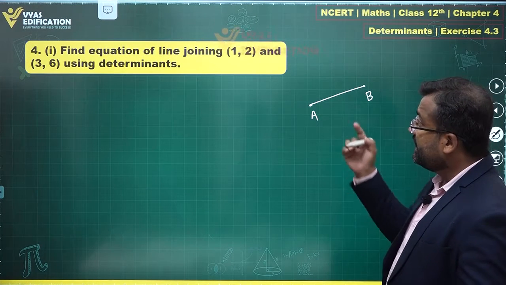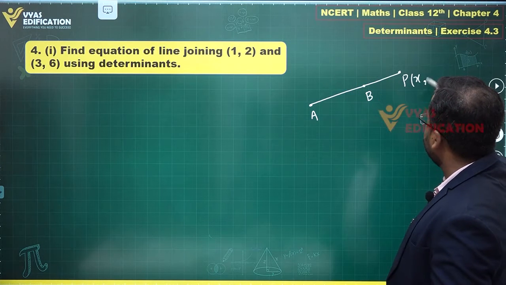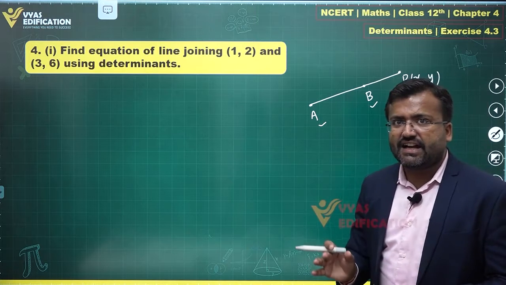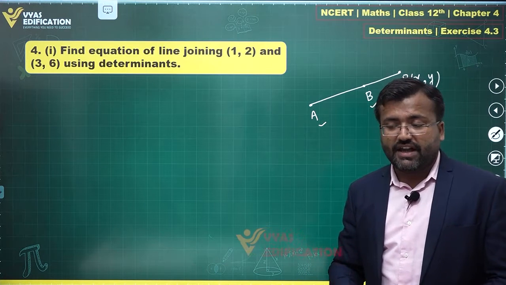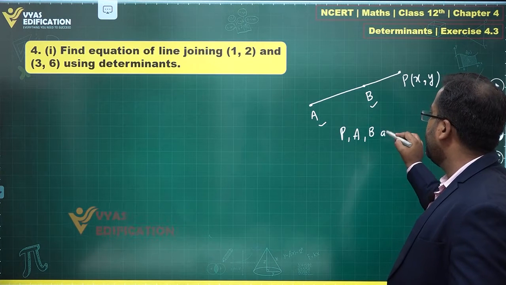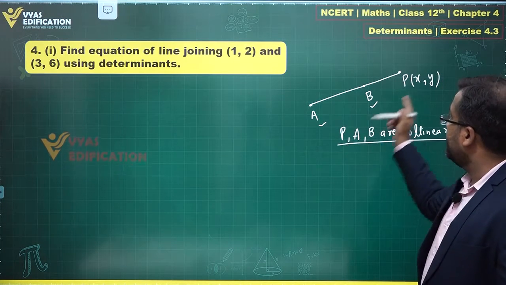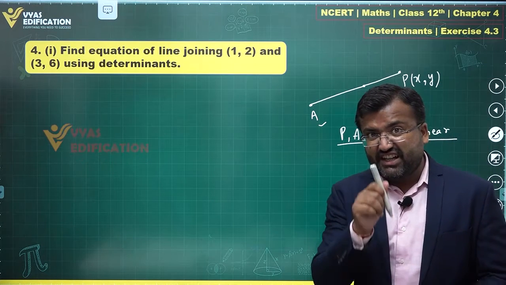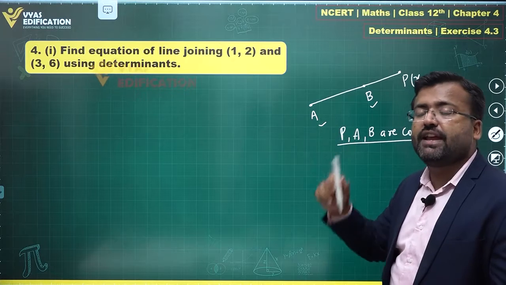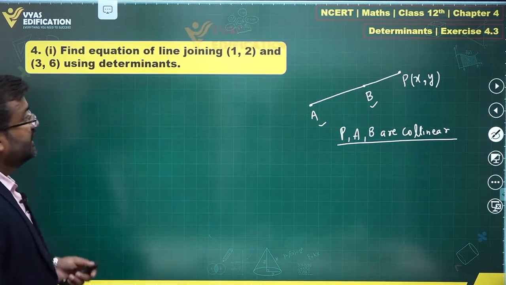And if we want the equation of line, we basically are looking for some point P having coordinates x comma y such that points P, A, B are collinear. If you can manage that, then the linear relation in terms of x and y will actually be the equation of this line. So that's a simple idea, and using that idea, let's solve this question.